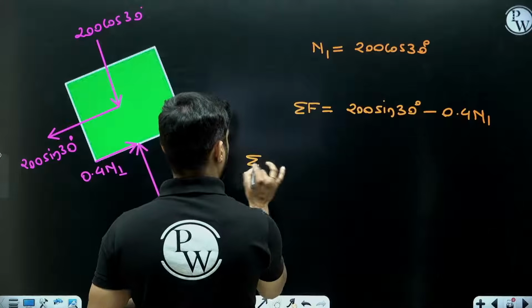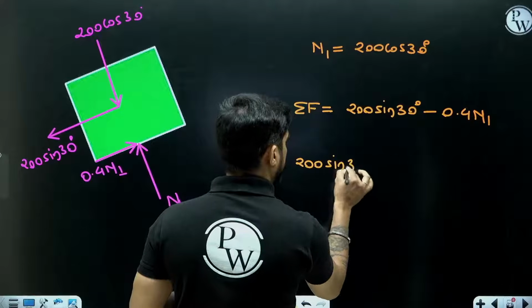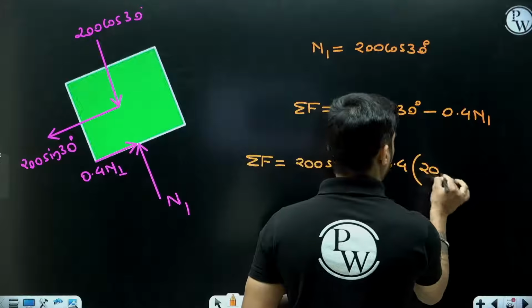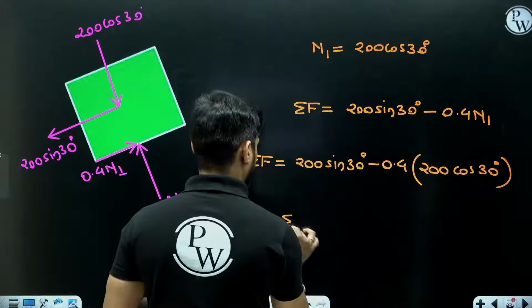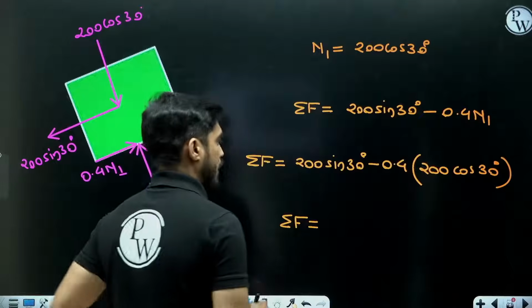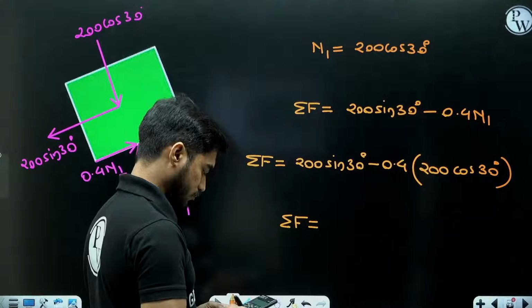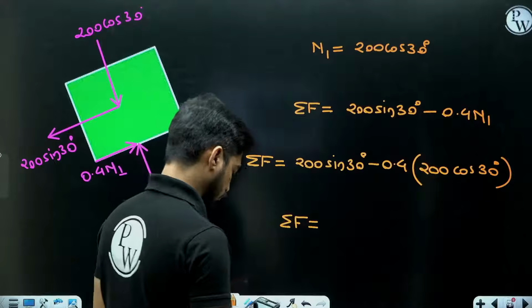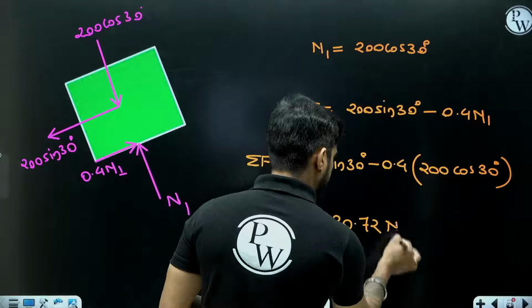So summation of F will be 200 sine 30 minus 0.4 into 200 cos 30. So summation of F will be equal to how much? 30.72 Newton.